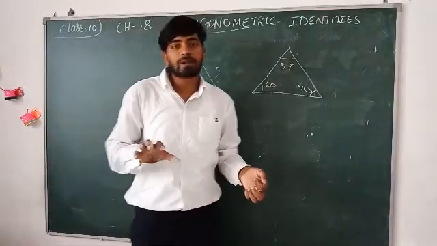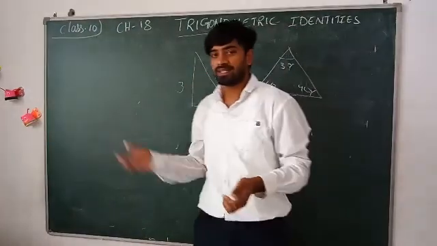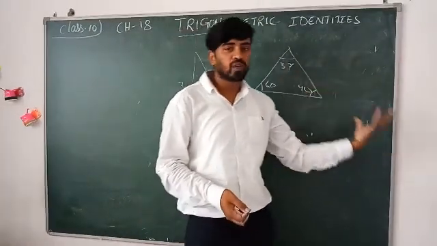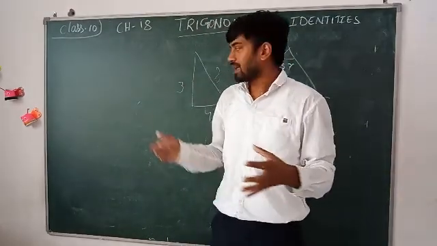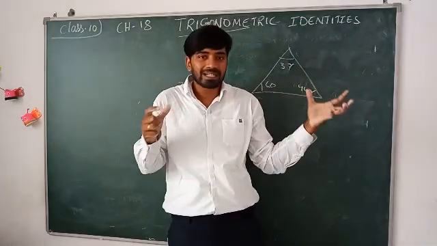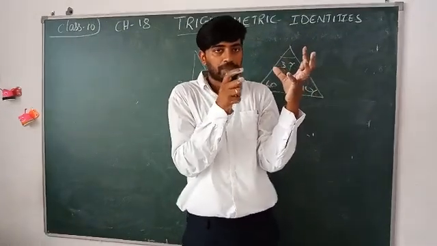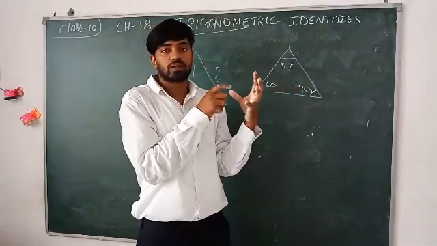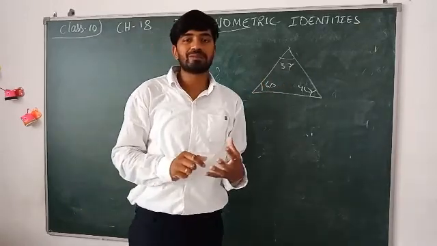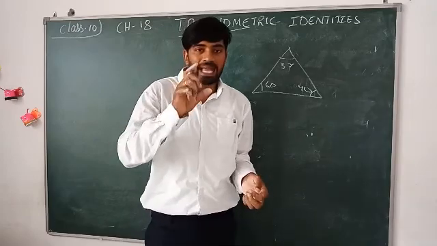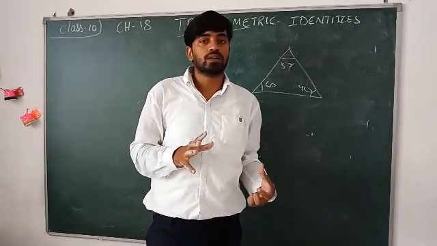We have been separately talking about how to find sides, and separately how to find angles, but trigonometry is a chapter or topic that connects both things together: sides and angles. Previously you didn't do that. Trigonometry includes the angle and the side together.